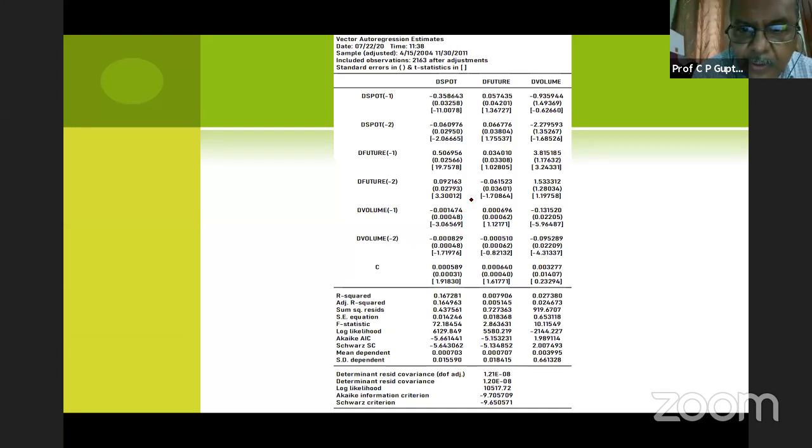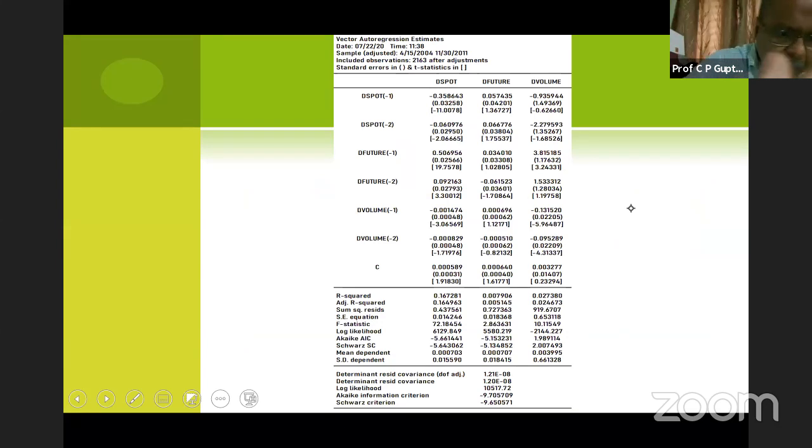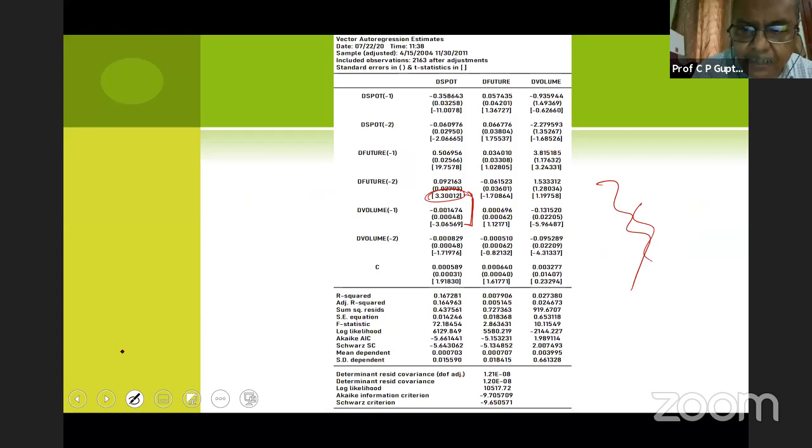Look at these future values. Look at these values. So you will find a spot is being impacted by future and volume.